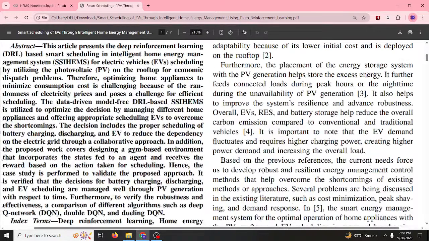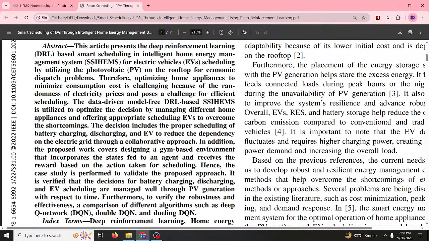This whole system is actually data driven. That means we will be using some real world data set for handling the data, and for modeling the solar panels, the home appliances, the battery, and also the electric vehicle charging.